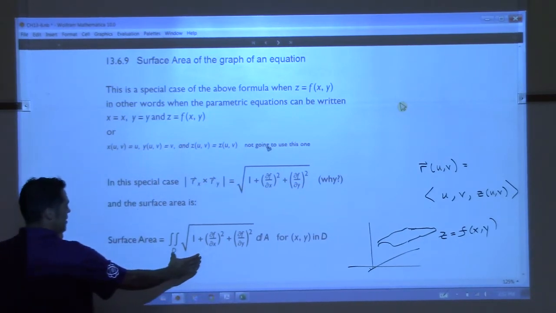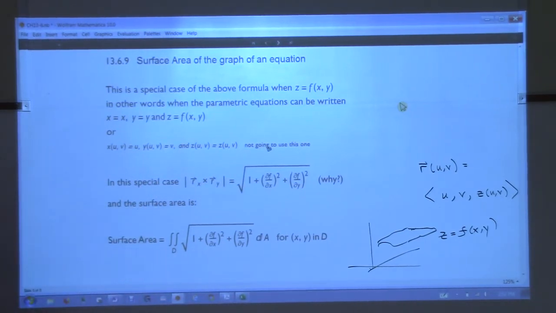this becomes the new surface area integral. So if z is some function f of x and y, then that double integral now becomes the double integral over D of the square root of 1 plus the partial of f with respect to x, squared, plus the partial of f with respect to y, squared, dA.